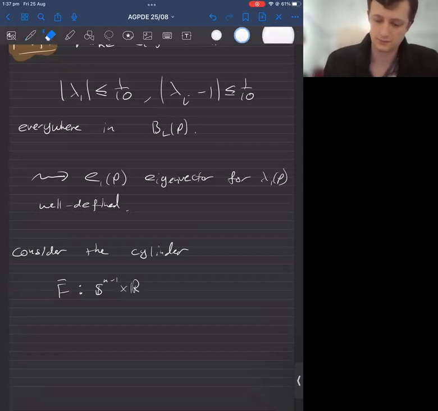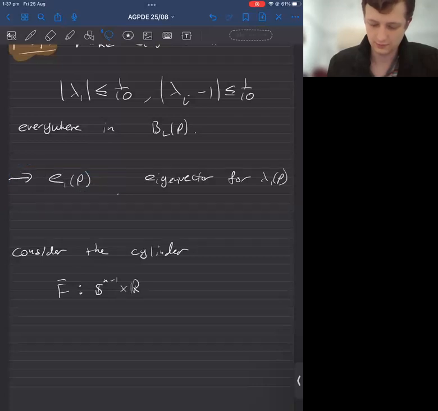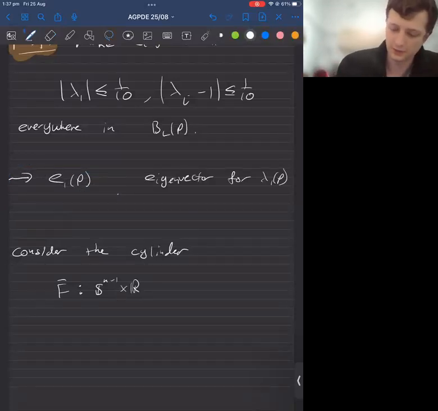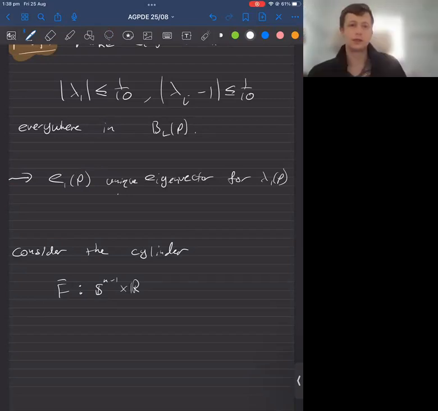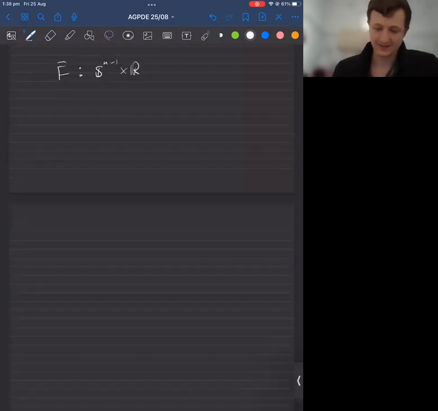So maybe I'll just say "the". But yes, I think you're right. You'd get some sort of nice distribution going on, right? Yeah, because there's no crossing of eigenvalues, right? So then the eigenvector will depend more. Yeah. So I guess you get even more, but I don't think you need it. But we'll see.